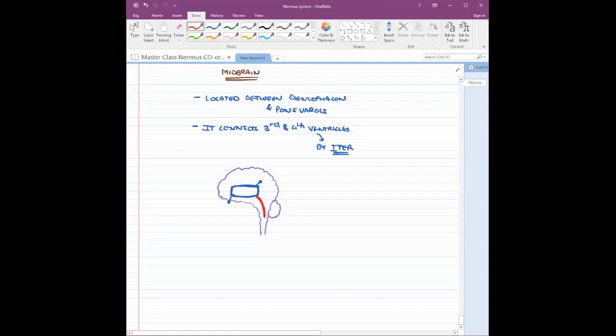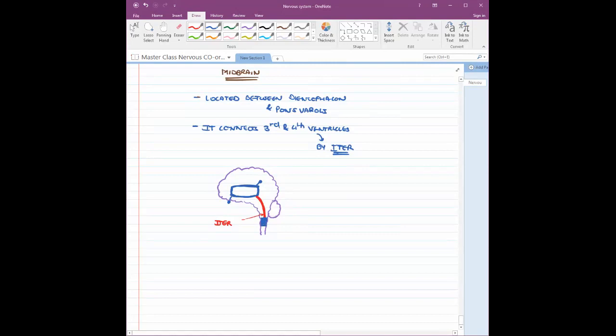Always remember this is nothing but your iter. And what is this going to do? This is going to connect it to the fourth ventricle out over here, something like this.